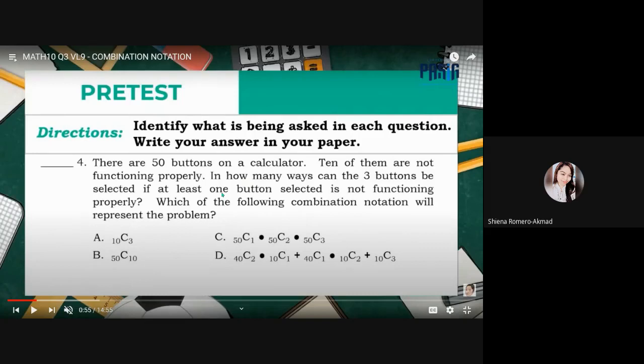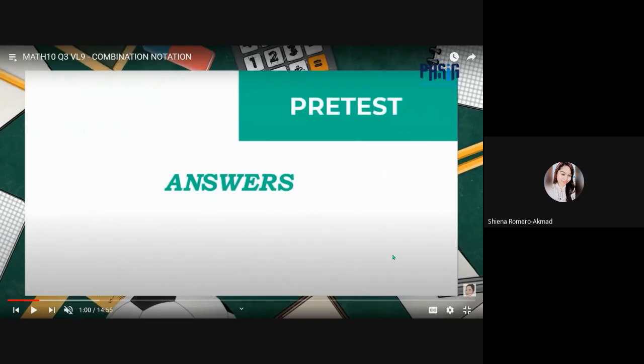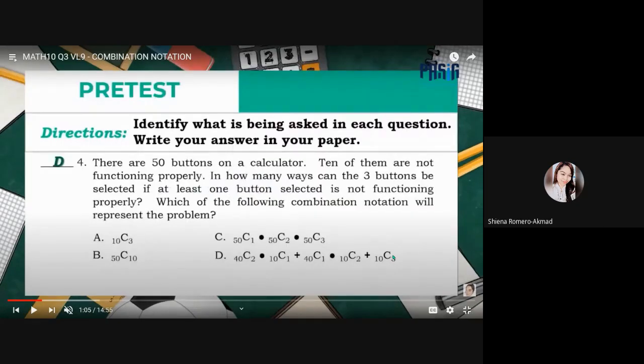When we say at least one, ibig sabihin, basta may isa na not functioning doon sa tatlo. At least one, ibig sabihin pwedeng one and above. So the answer here is letter D. So pwedeng isa ang not functioning, pwede din namang dalawa, or pwede din namang tatlo. Later, ipapaliwanag ko sa inyo. I'll give examples. Ito yung mga answers natin.